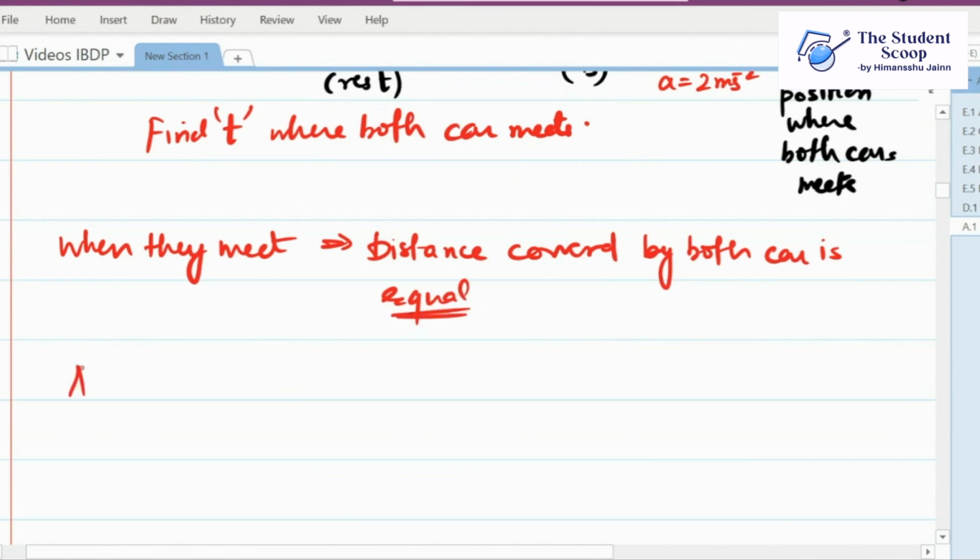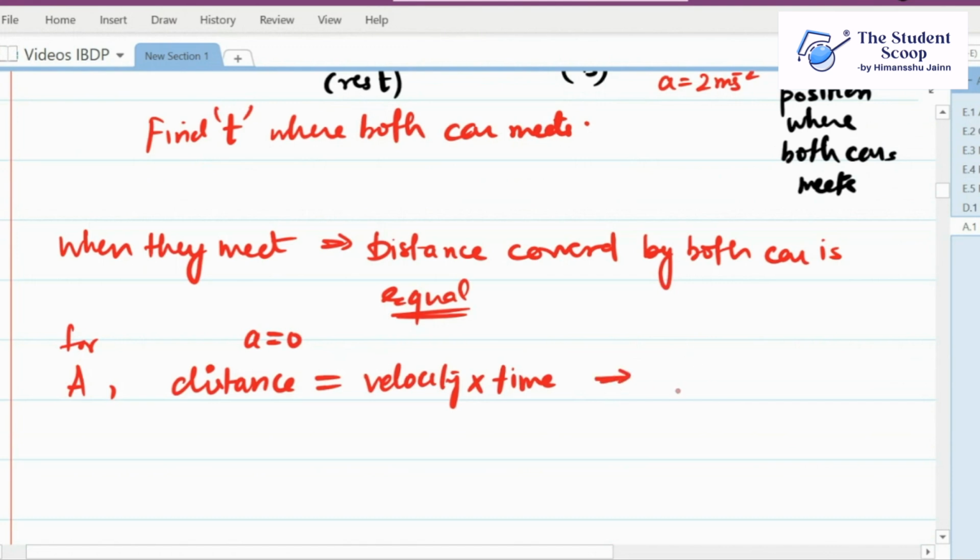So for car A, we can calculate the distance covered because it has a constant speed, or acceleration is 0. The distance covered will be the velocity times time. So for car A, the distance will be 10 meter per second, and the time is t. Let the time be t.